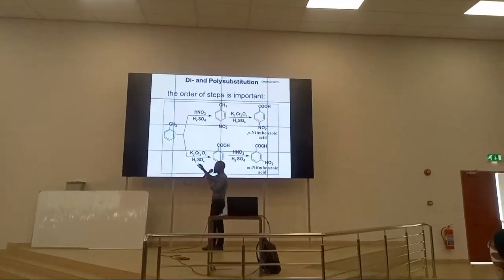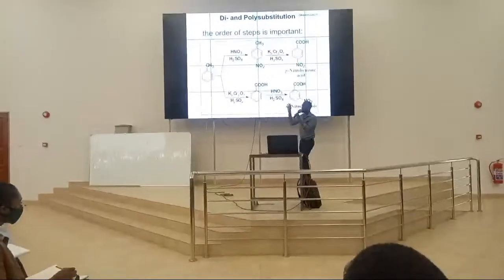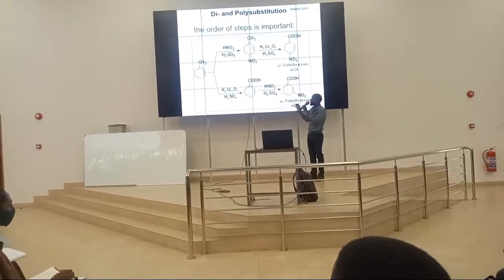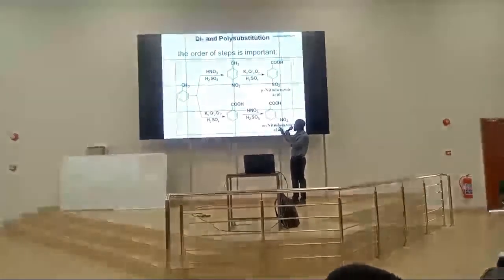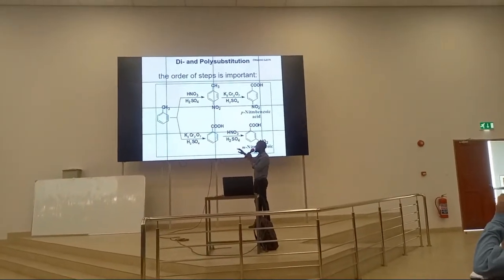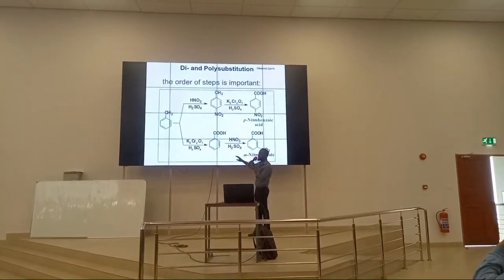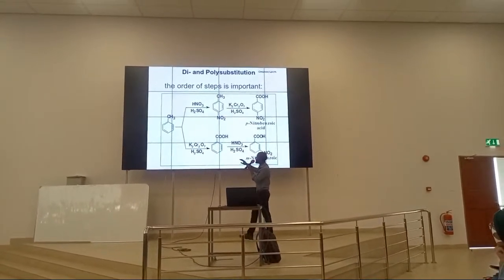Oxygen atoms get bonded to the product, and the carboxyl is a meta-director. So if you carry out this transformation from the methyl, predominantly what you are going to get is meta-nitrobenzoic acid. You are not going to get 0 completely, but you are not going to get 100% either.